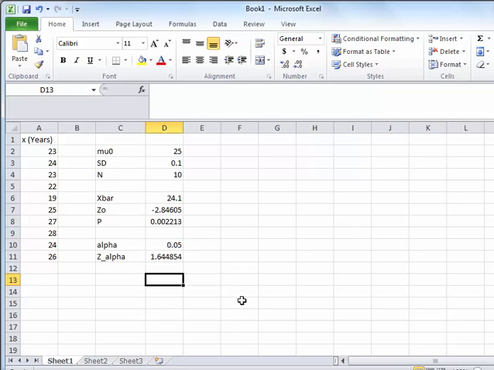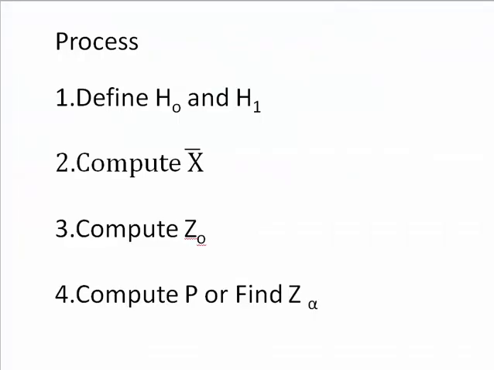So we want to go back and go through that process again, but do a different hypothesis test to see how US Airways' average lifespan of their Boeing 747 compares to Delta's average lifespan of their 747s.